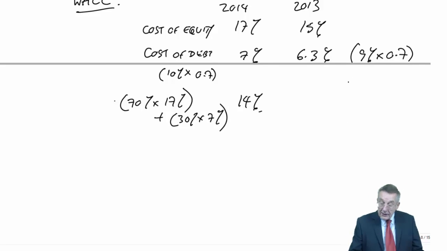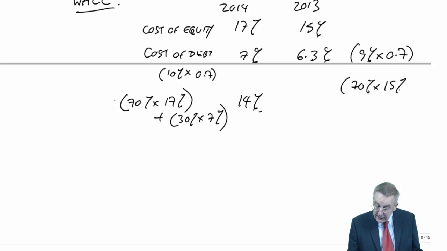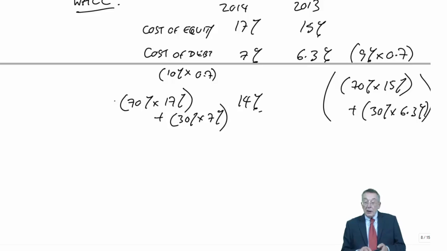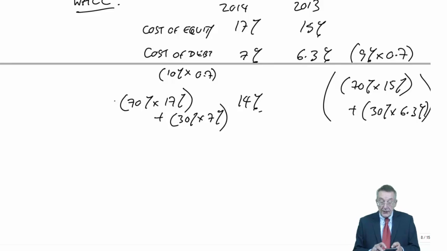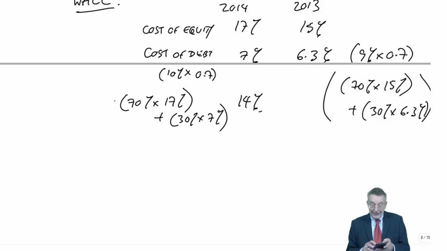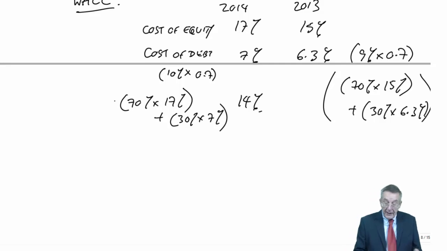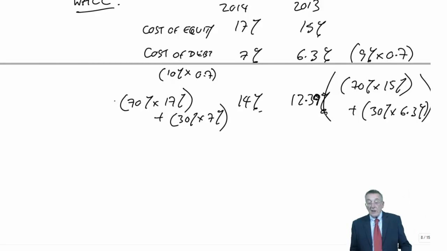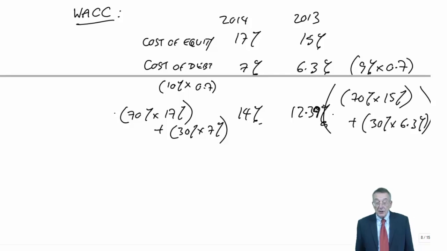Whereas in 2013, 70% is costing 15% from equity. There's 30% from debt, which is costing 6.3%. And so the overall weighted average cost in 2013, I get to be 12.39. Now I said there was a lot in this question, far more than you'd have to do in the exam, but it's better doing too much than too little.